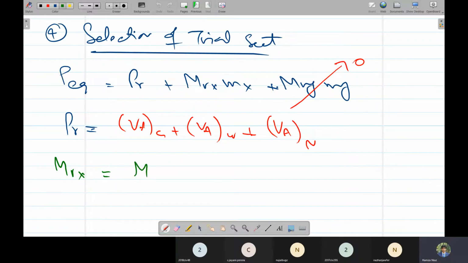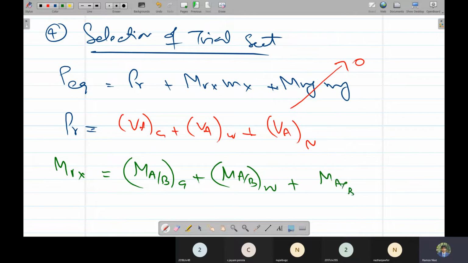I can write MA or MB, whichever is the largest from gravity, plus MA or MB, the largest one from wind, plus MA or MB from notional. And the sign is always positive. Whatever the signs are, take all of them as positive. This way we can get PR and MR.